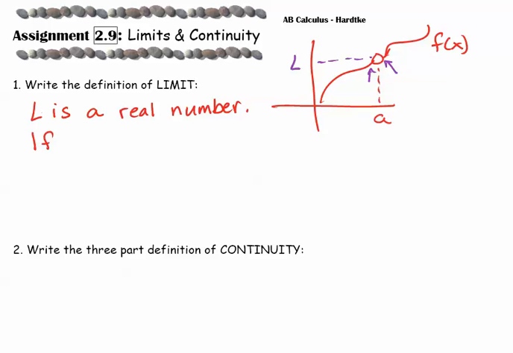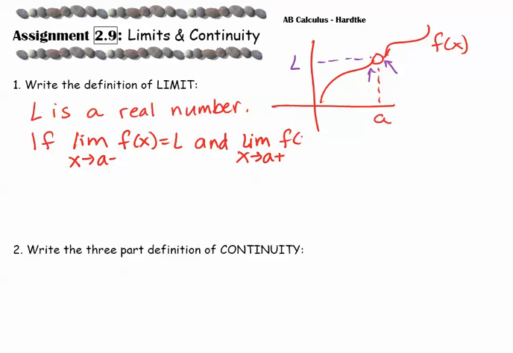And then we need to check if the limit as x approaches a from the left side of f of x is equal to L, and the limit as x approaches a from the right side of f of x is also equal to L, then our conclusion is the overall limit as x approaches a of f of x is equal to L.